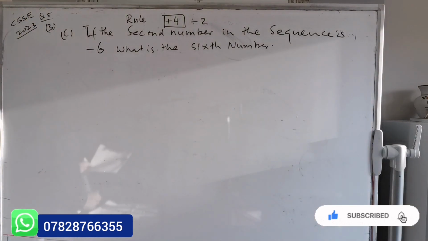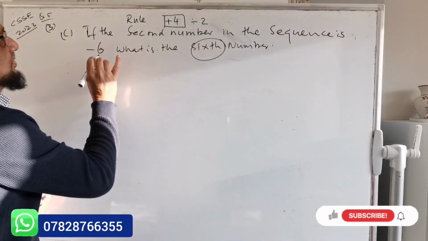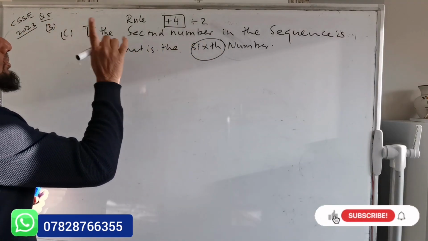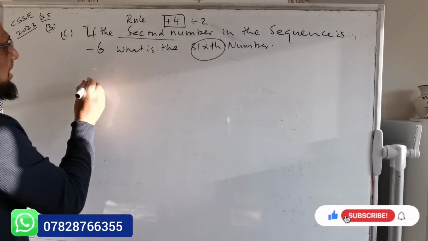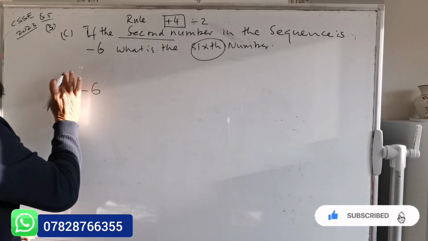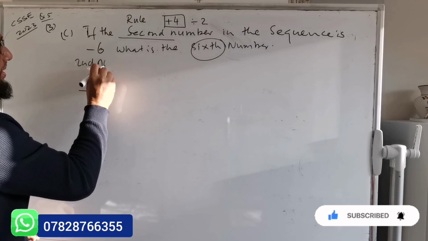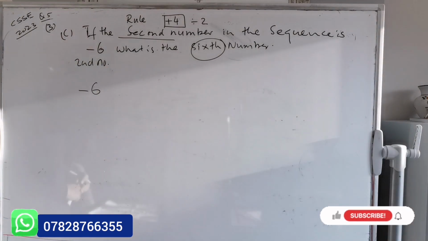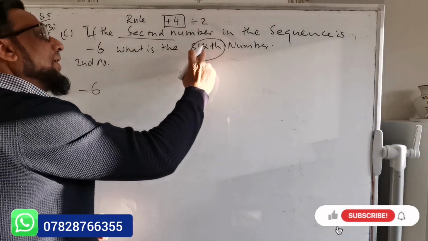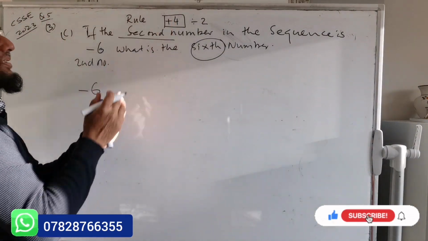So how can we find the sixth number? This is the second number. You need to remember one thing: the number they gave, minus 6, is the second number in the sequence, and the examiner is asking us to find the sixth number. How do you find it? You need to apply the same rule.